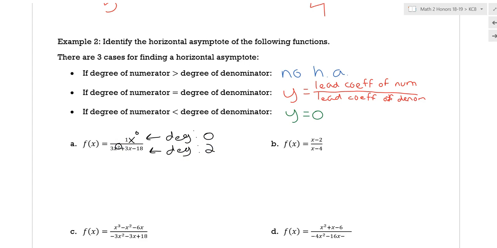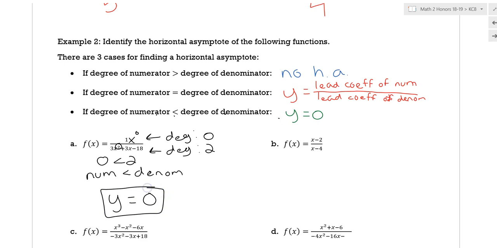Okay, so 0 is less than 2, so my numerator is less than my denominator. Right? So then I look at my rules. If my numerator is less than my denominator, then we get y equals 0 as my horizontal asymptote. Okay.